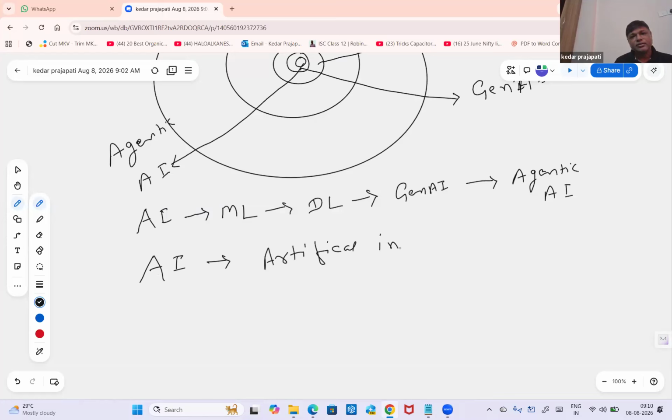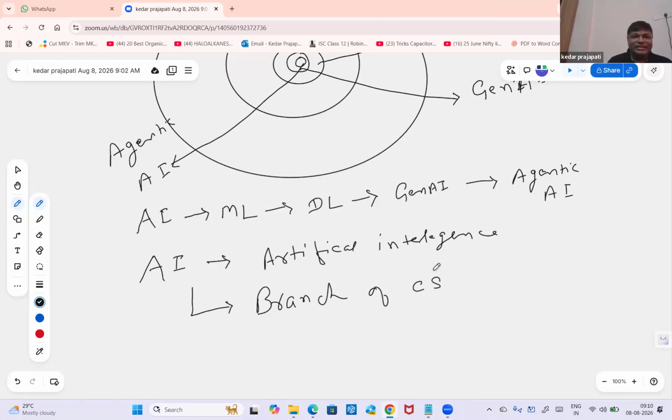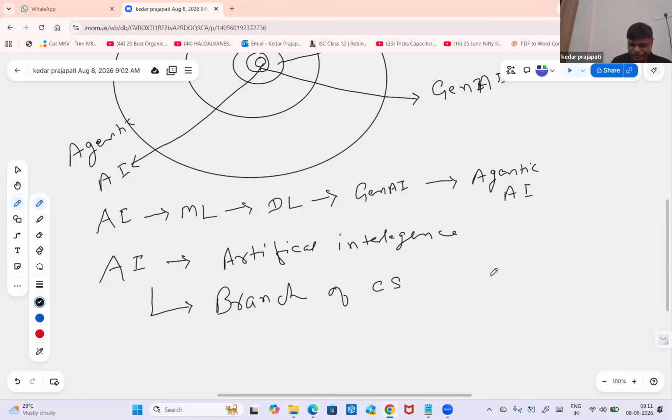So basically you can define it as a branch of computer science where we try to provide human intelligence to the machines.